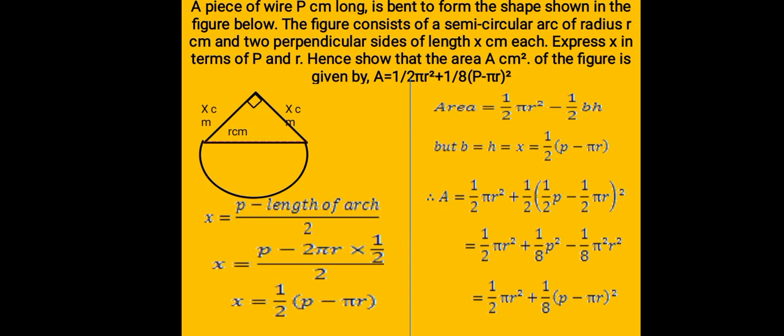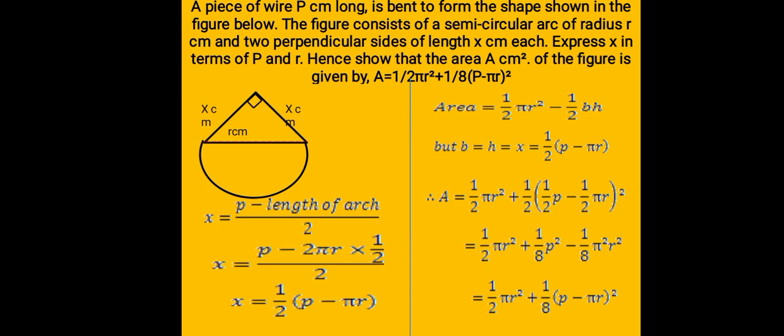Now simplifying, p minus the length of the arc, which is 2 pi r multiplied by a half, because that arc is 120 degrees. Then divide by 2, we get the value of x. So x is a half into p minus pi r.